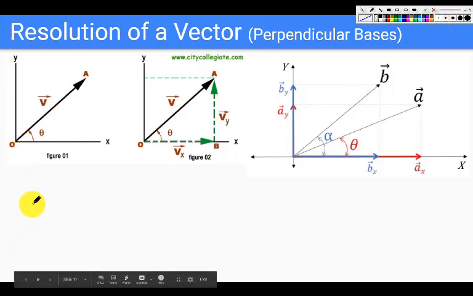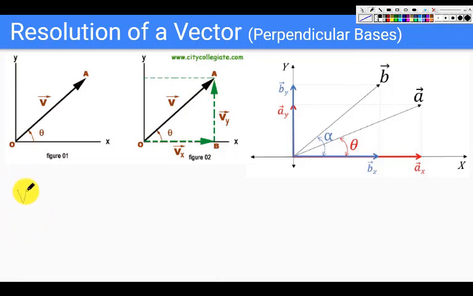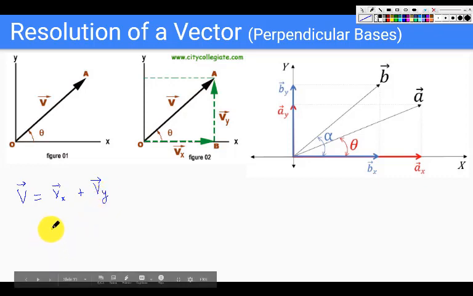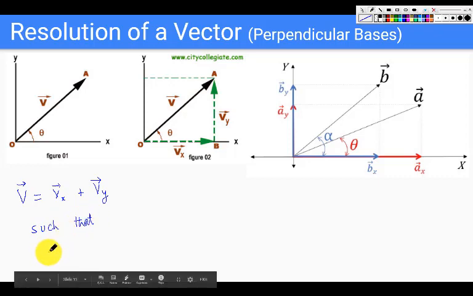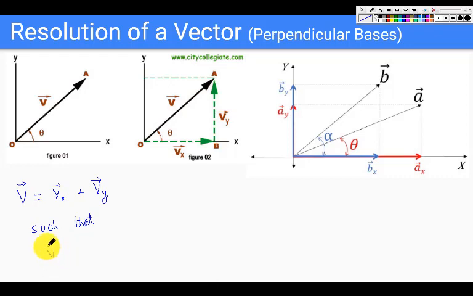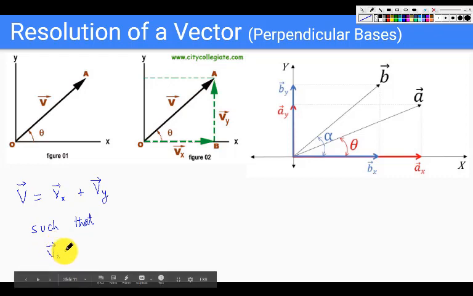We want to write vector v as some vector vx plus some other vector vy, such that the condition is that vx dotted with vy is equal to 0.